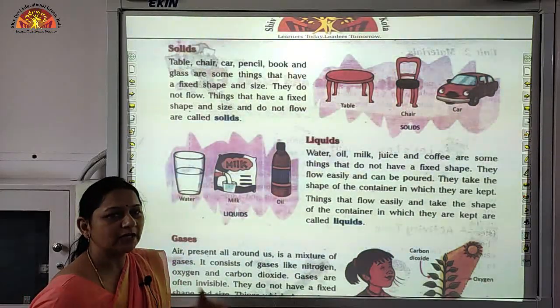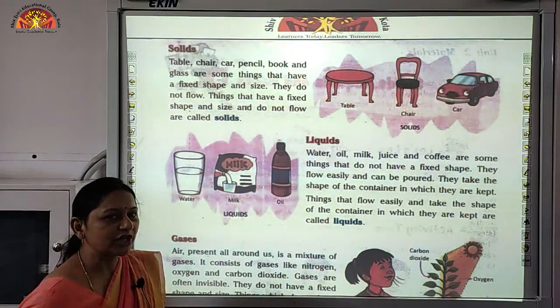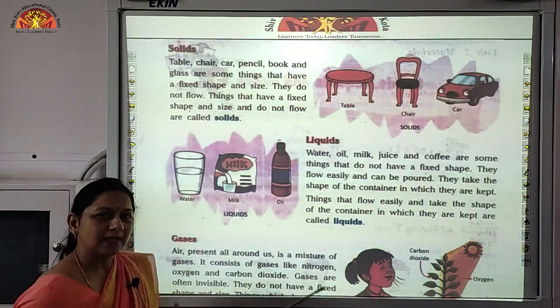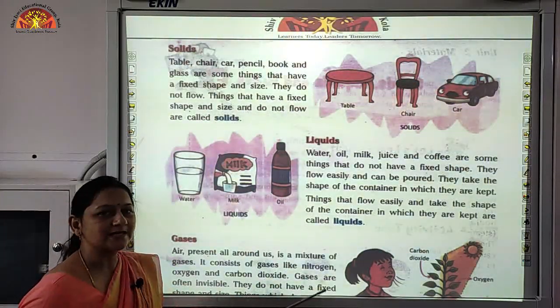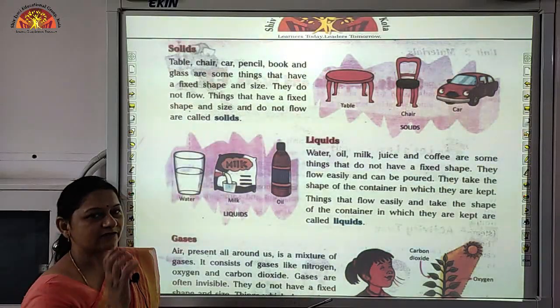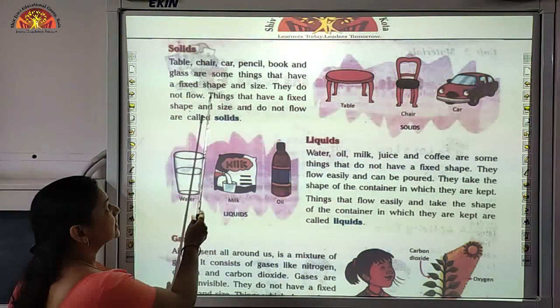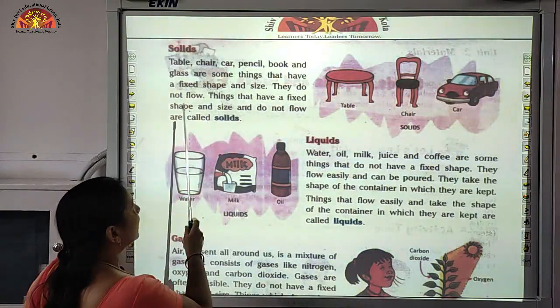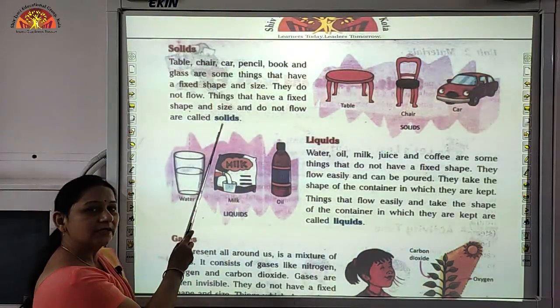Like when you open the book, the shape of the book changes, but until and unless you apply some force, the shape and size remains the same. Like your eraser, it has a fixed shape and size. So things that have a fixed shape and size and do not flow are called solids.